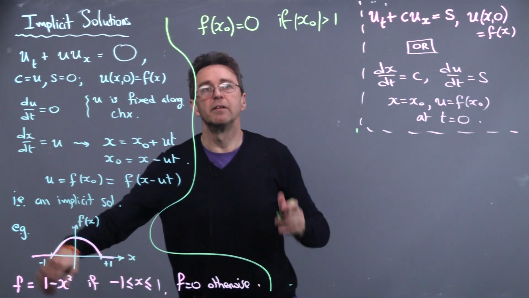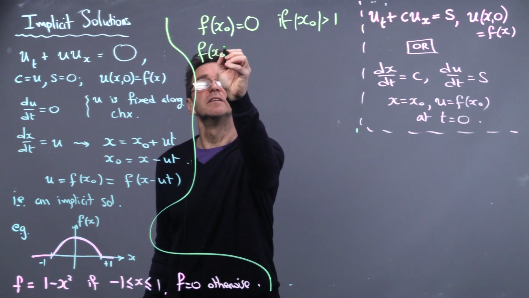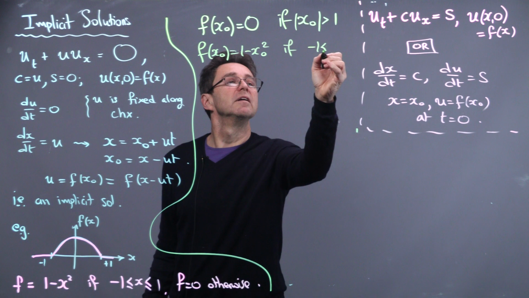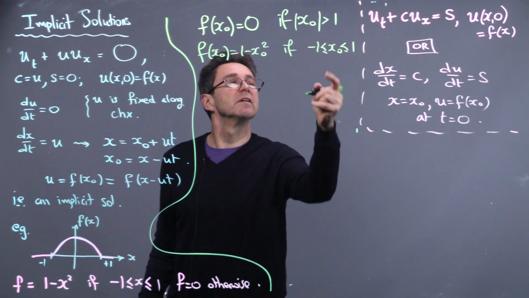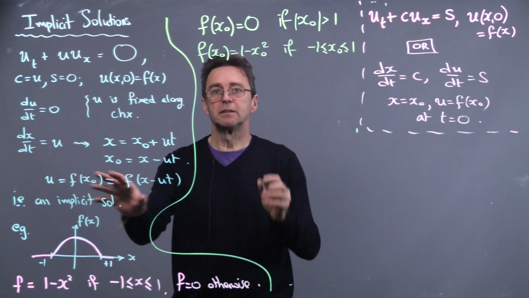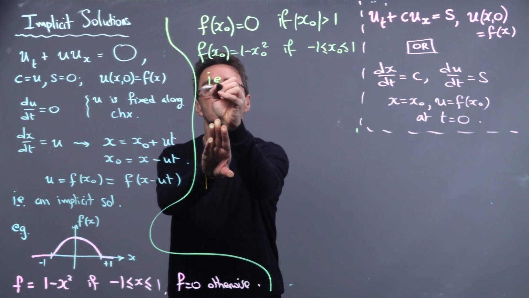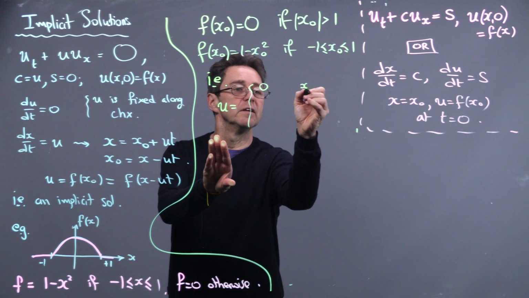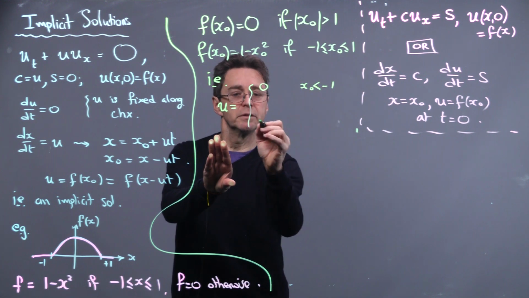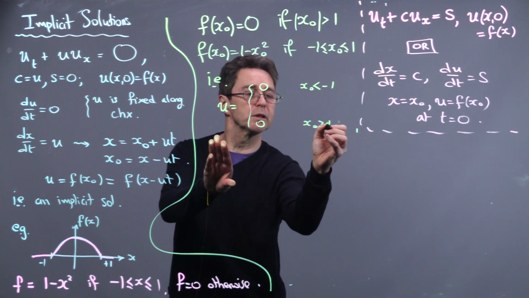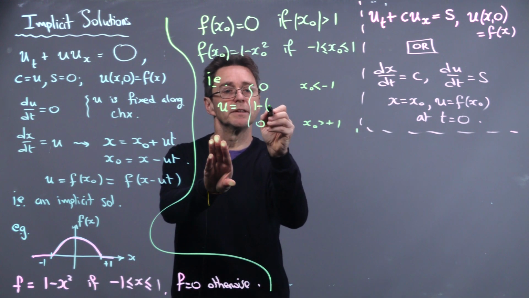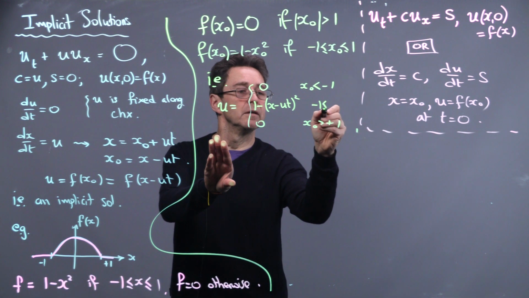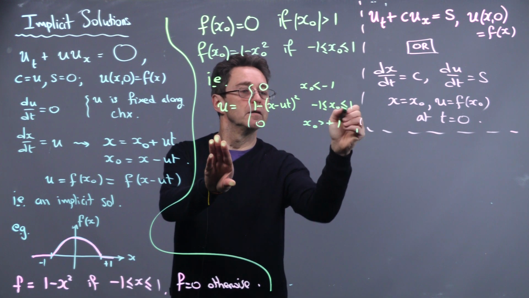That's there and there. f of x0 is 1 minus x0 squared if I'm over that interval in x0. And so solving everything, I get u is equal to 0 if x0 is less than minus 1, 0 if x0 is bigger than plus 1, and it's 1 minus (x minus ut) squared if I'm there.